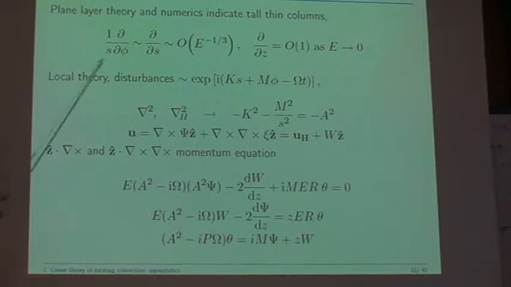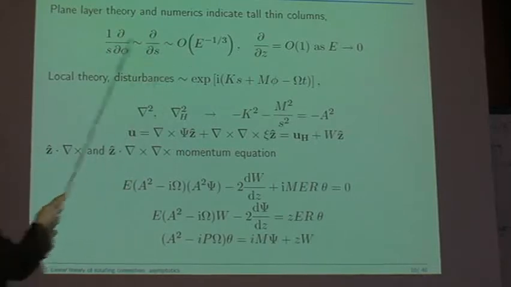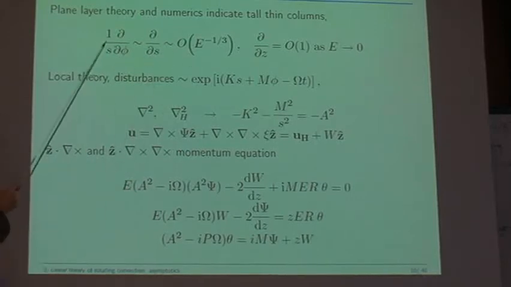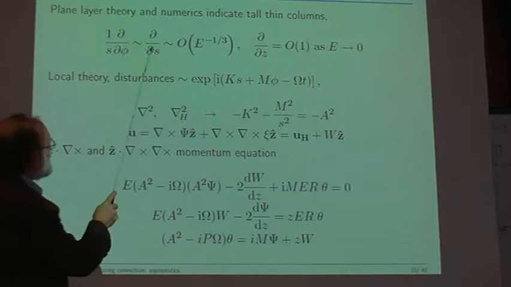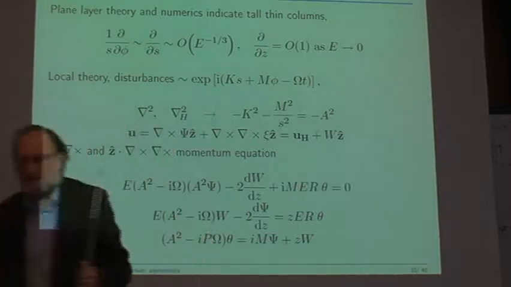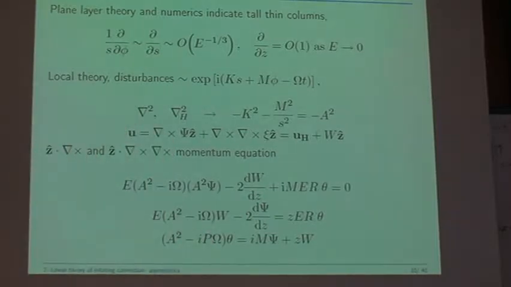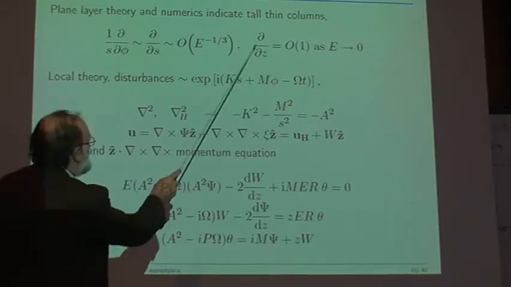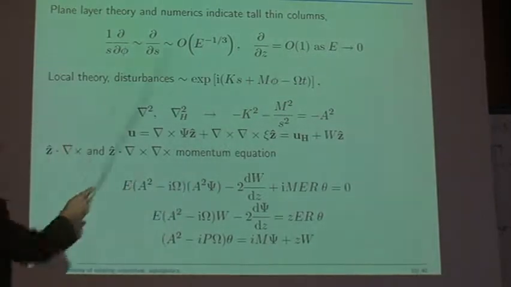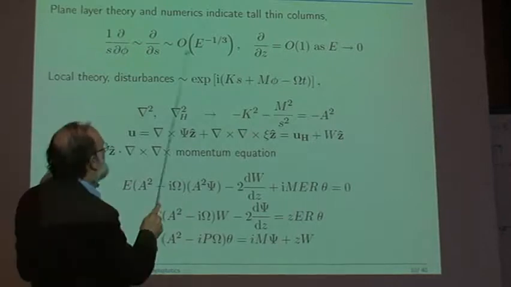And of course, you look at those pictures from the numerics and the obvious feature is that the derivatives in the horizontal direction are much larger than the derivatives in the vertical direction. In the vertical direction, there's hardly anything happening. The columns are extremely tall and thin. So one takes that scaling as order 1 and that scaling as order E to the minus 1/3, and that's a big number.